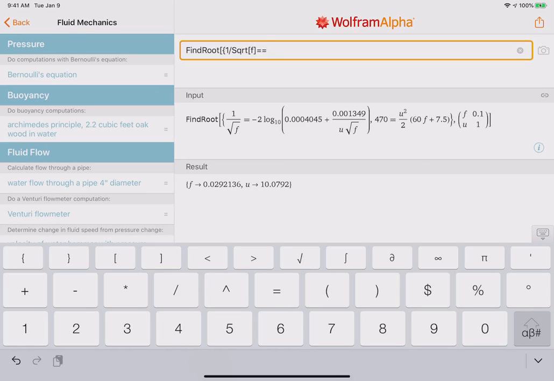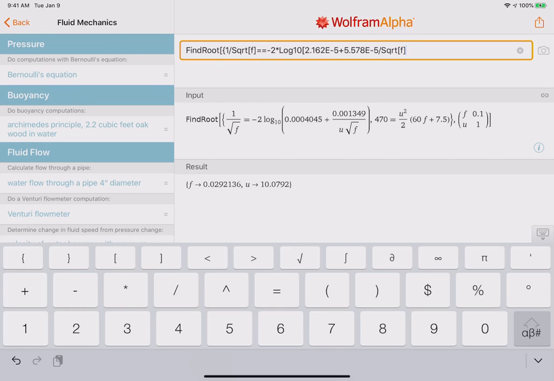To differentiate the left-hand side from the right-hand side in your list of equations, it's better to use a double equal sign, and then you put in the right-hand side, that's minus 2 times log base 10 of 2.162e-5 plus 5.578e-5 divided by the square root of the friction factor.